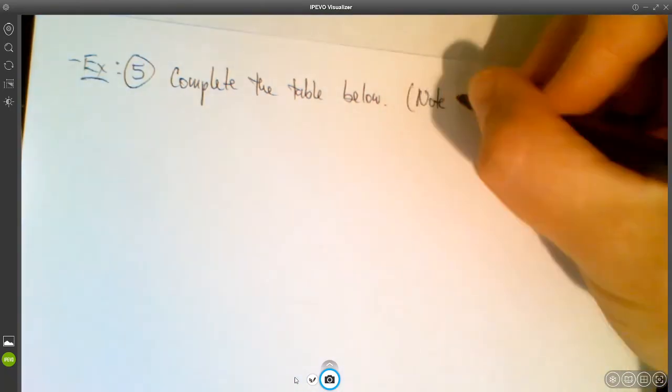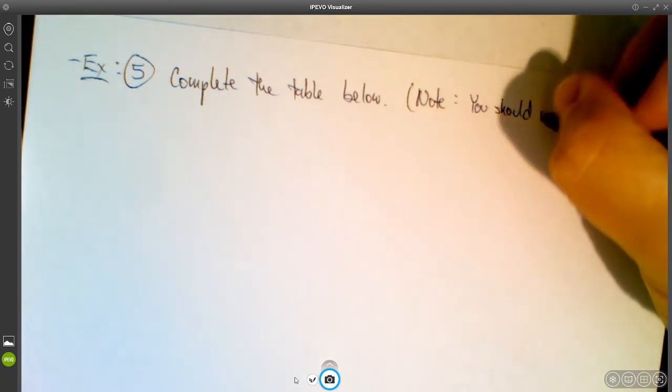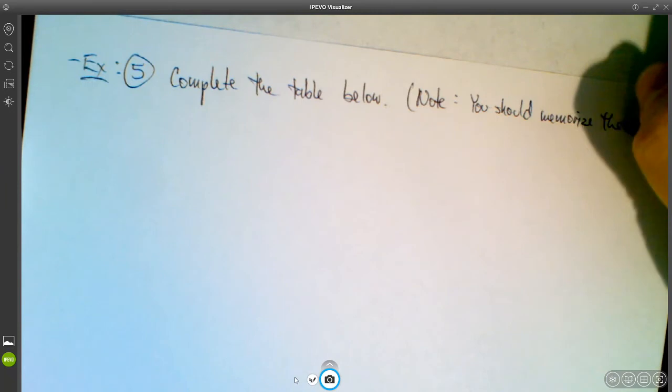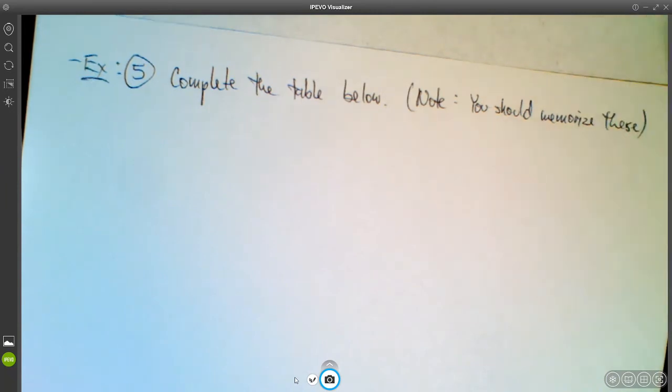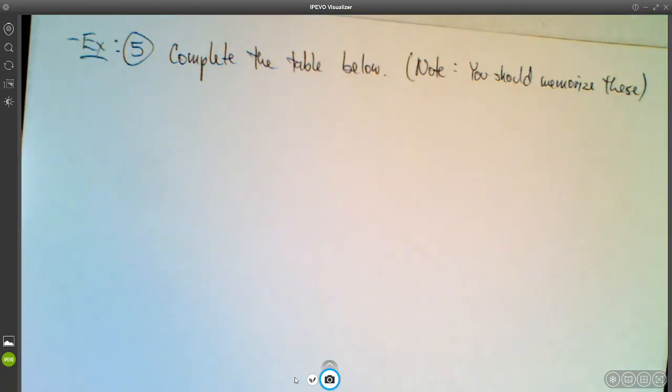So note, you should memorize these. Trig is kind of a strange math class in the sense that, contrary to popular belief, math is not about memorizing a bunch of stuff. Math is not about memorizing a bunch of steps to take to solve problems. Math is about understanding, right?